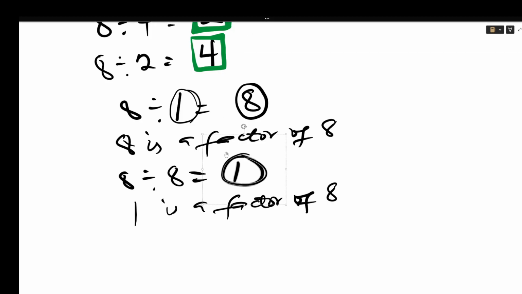Now, another interesting fact on factors is that given any number, 1 and the number itself are factors of that number. So let's still use our number 8.